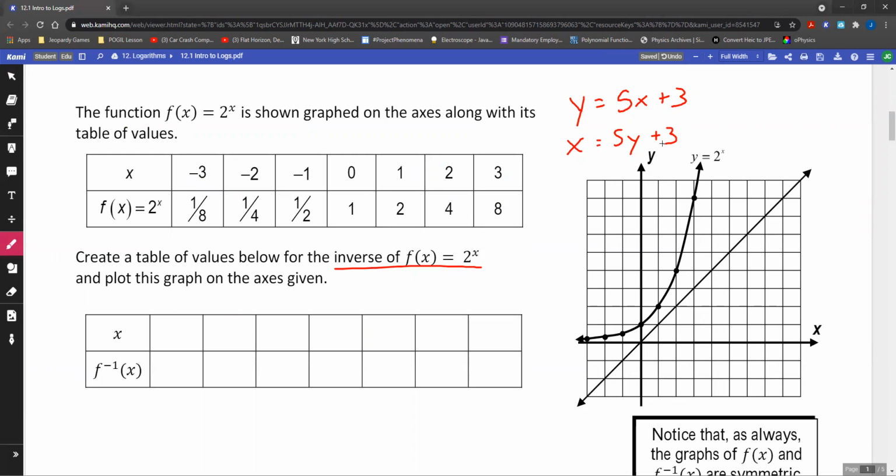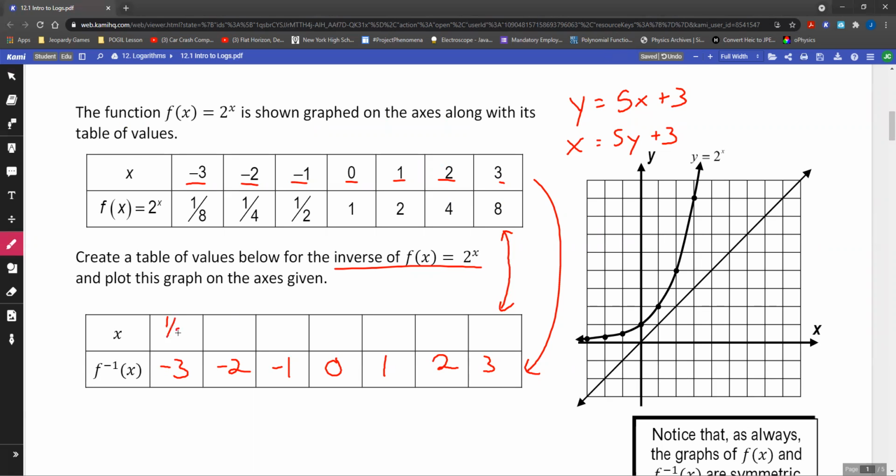So in the case here, all my x terms up here are going to go in the bottom part where the y would normally go. So this is -3, -2, -1, 0, 1, 2, 3. And then all of these terms go in for x.